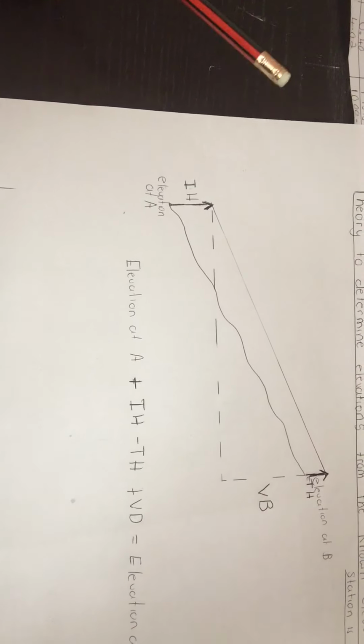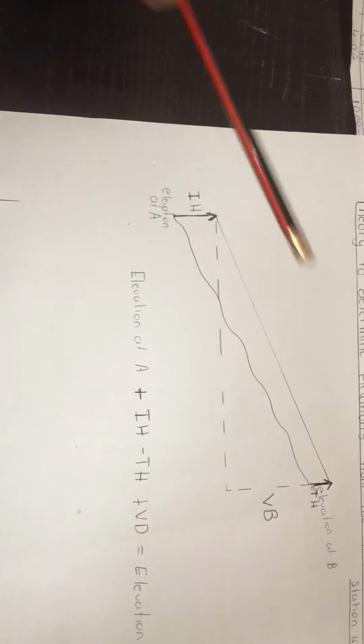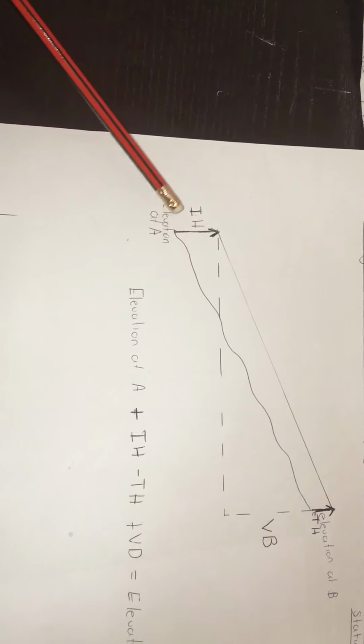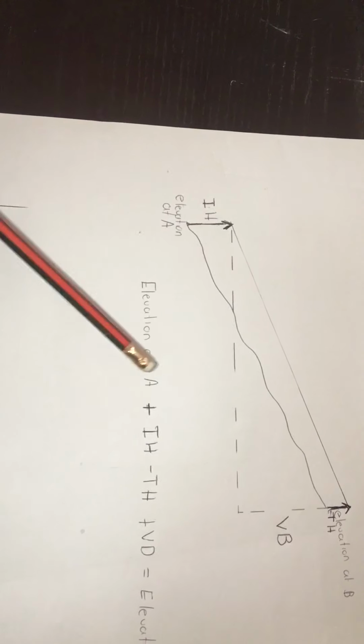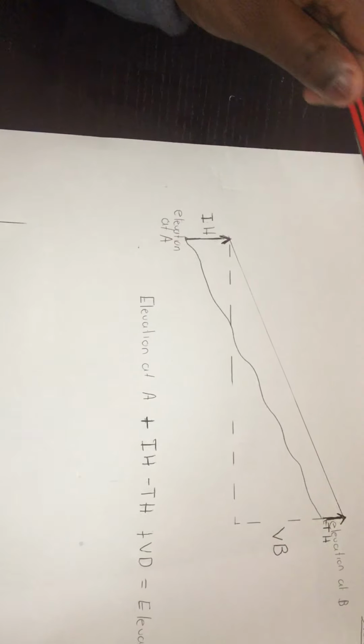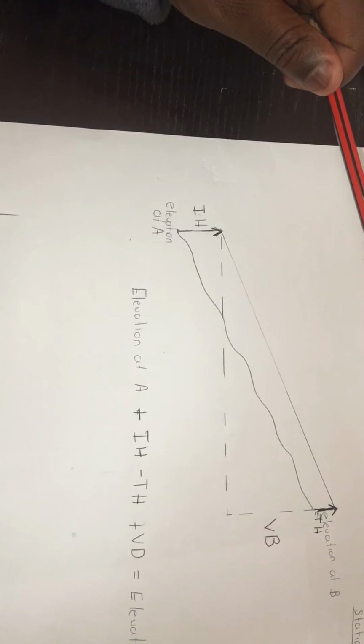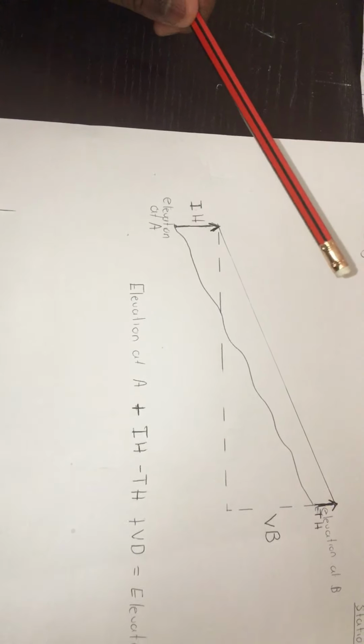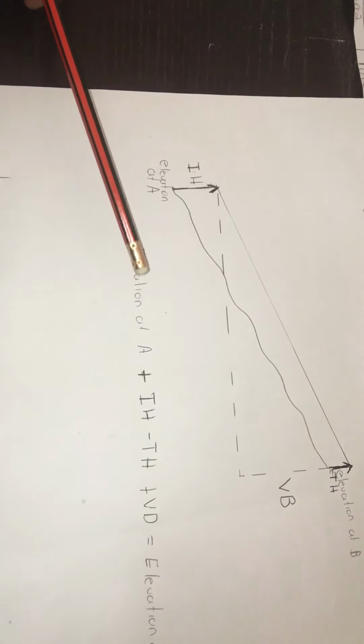My mistake, this is VD, not VB. So in order for you to determine the elevation at B, you need to know the elevation at A. It's actually your elevation at A plus your instrument height.